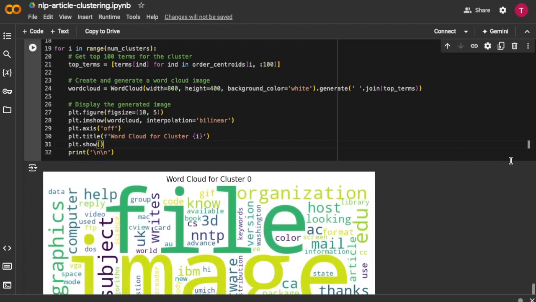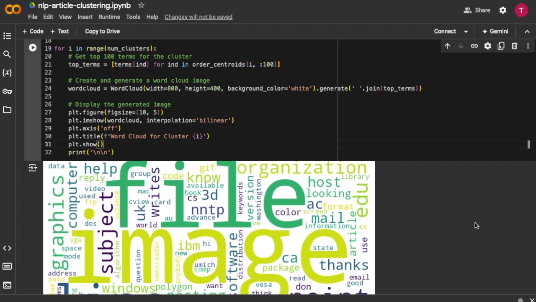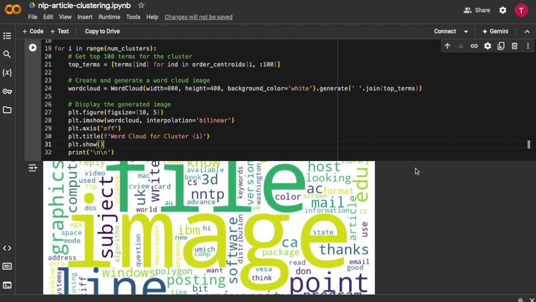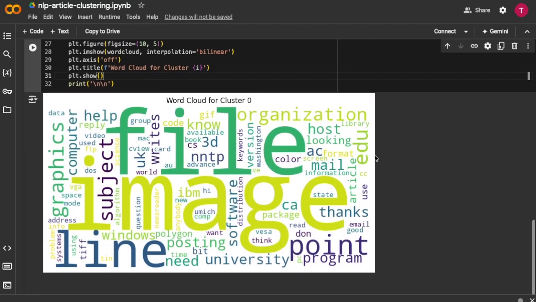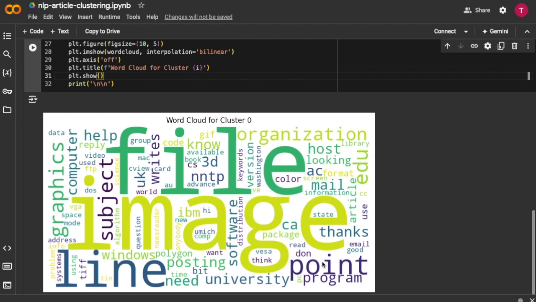And the word cloud for cluster 0 has words like image and file and line and point. So this clearly points to graphics. So this is pointing to word cloud 0. We can see that this is going to be our graphics category.